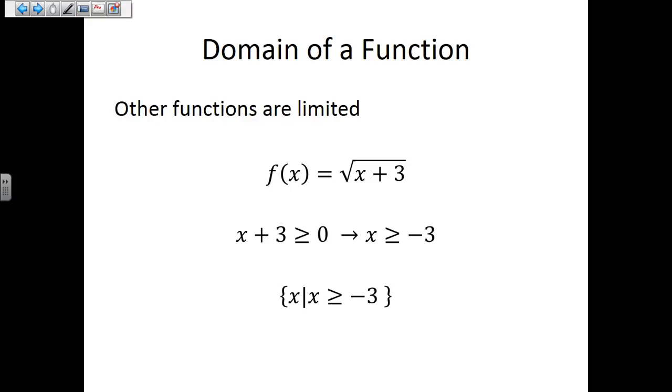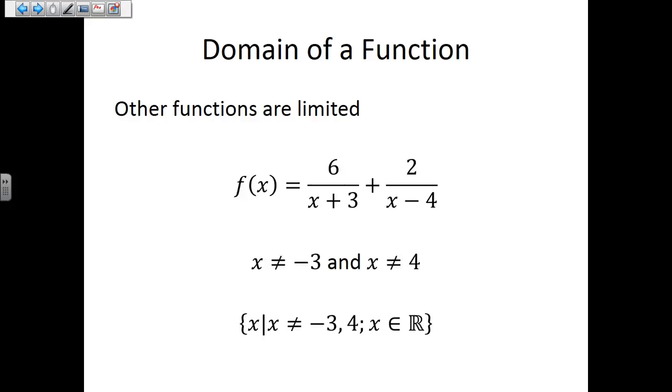I started out with the idea that my domain is all real numbers, and I've whittled it down so that x has to be greater than or equal to negative 3. So I've got it in my set builder notation. Hopefully you watched the video on set builder. And again, this implies that x is part of the real number system, but then I've limited it some, and that limiting rule is in my set builder notation.